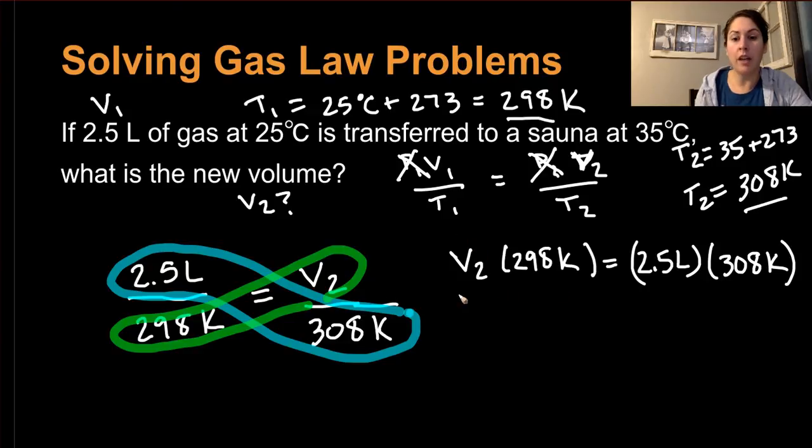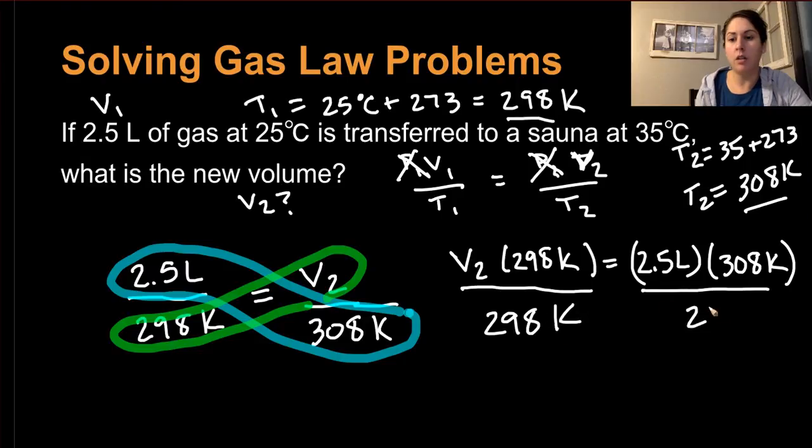So now I want to get V2, or X if you want to define it as X, by itself. I'm going to divide both sides by the 298 Kelvin. What I do to one side in these situations, I have to do to the other. So I'm going to cancel these. Kelvin ends up canceling on this side, and now I go 2.5 times 308 divided by 298.